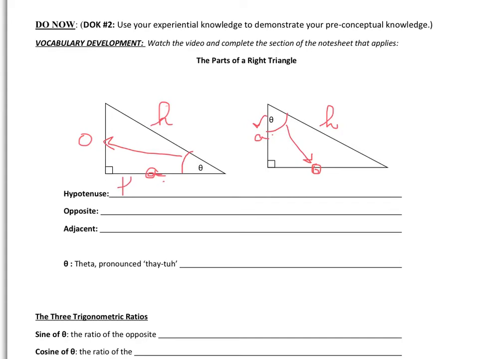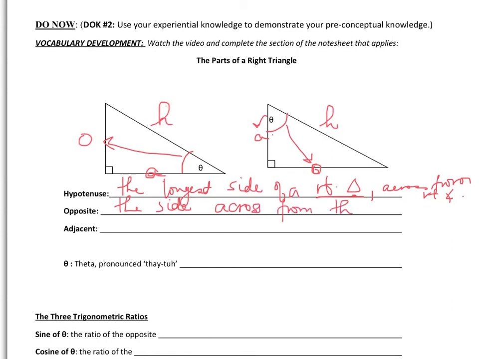Now let's just do some definitions. The hypotenuse is the longest side of a right triangle, only for a right triangle, and it's always across from the right angle. Then the opposite is the side across from the angle, and the angle is called theta.